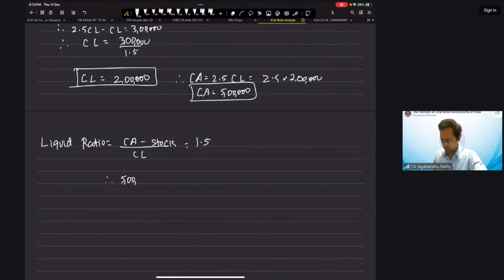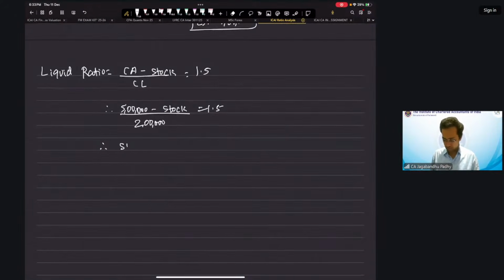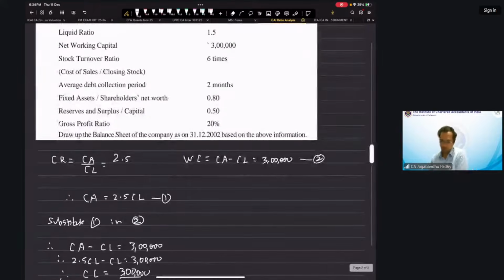So current asset is 5 lakh minus stock, which we need to compute, upon the current liability of 2 lakh. So this is 1.5. Therefore, the value of stock is 5 lakh minus 1.5 times of 2 lakh, which is 3 lakh. So stock is 2 lakh, guys. Okay, so we got the stock value.